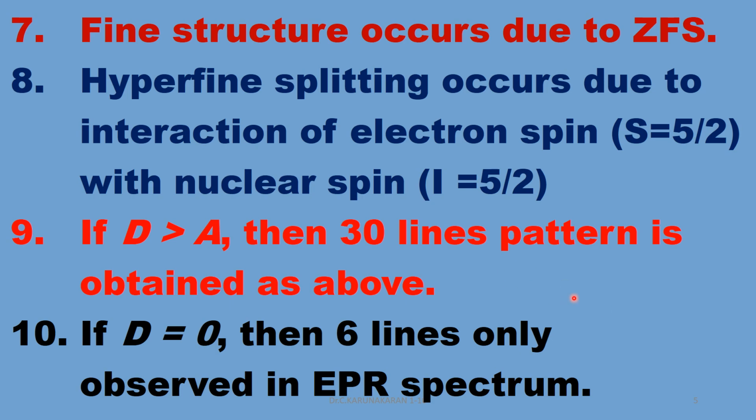Then you will be able to answer how many lines will be observed based on D greater than A or D equal to 0. And also we understood now what fine splitting and hyperfine splitting are.